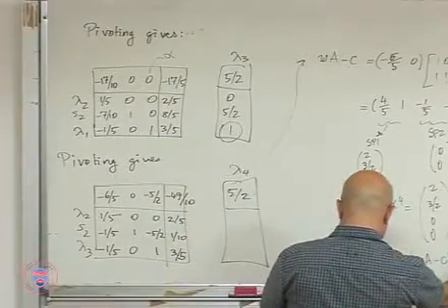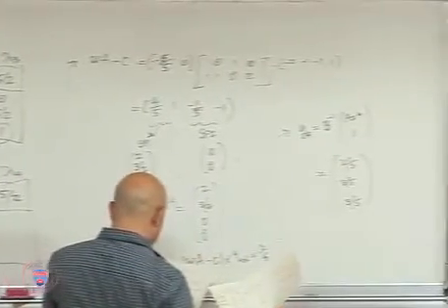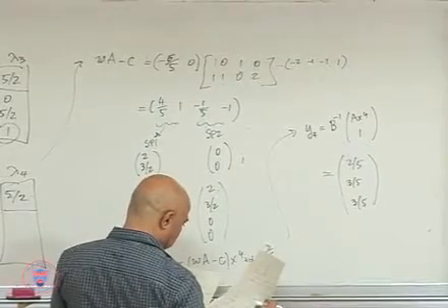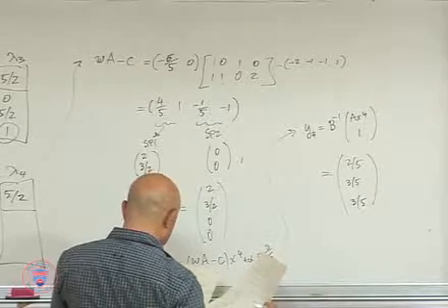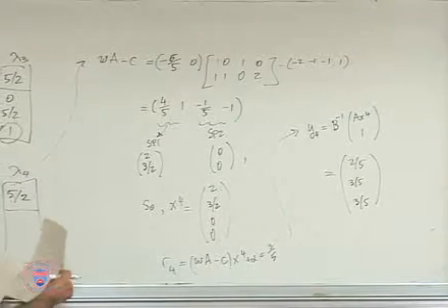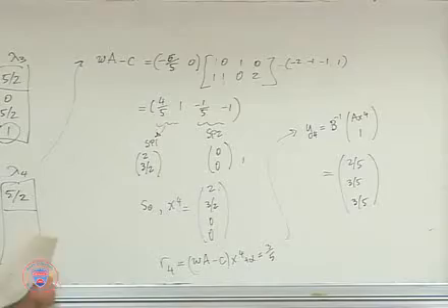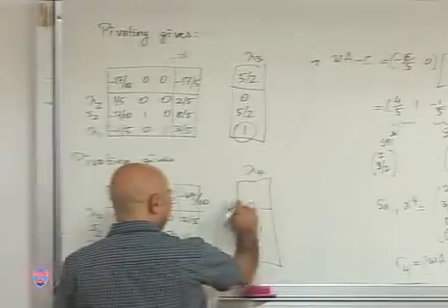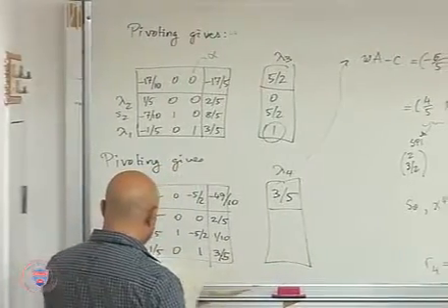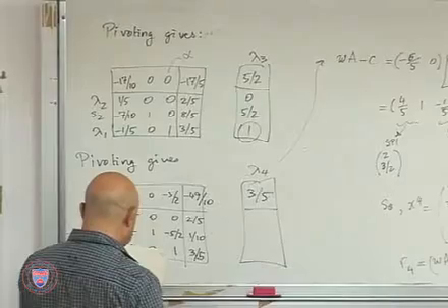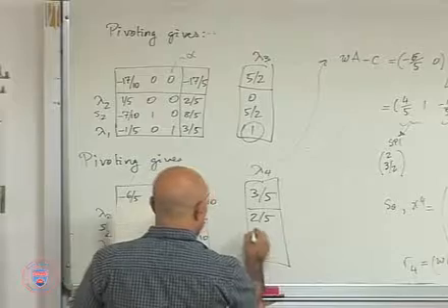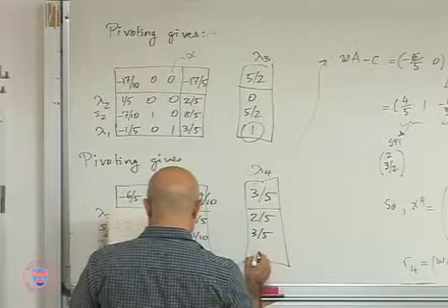How come there's something wrong here? Well, I either made a copying mistake or a computation mistake, because I've got 5/2 here. No, I'm not looking at the right tableau. This is a copying mistake. Yeah, this is 3/5. Sorry. Okay. And then we have 2/5, 3/5, and 3/5.